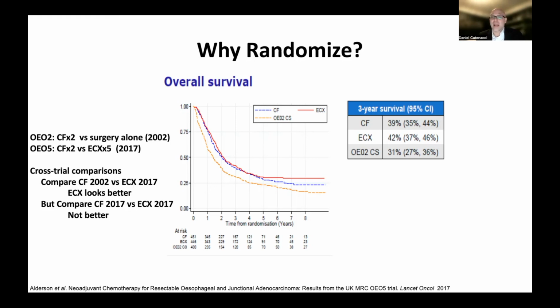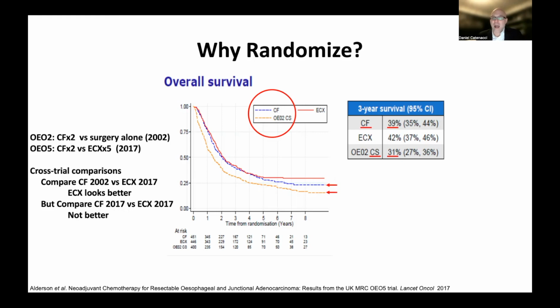And if we weren't randomizing patients, this would have been declared a beneficial therapy and become a new standard option for patients. But if you compare the internal control arm, cisplatin and 5-FU, from the 2017 study versus the ECX, there's no benefit, and it's considered not statistically significant.